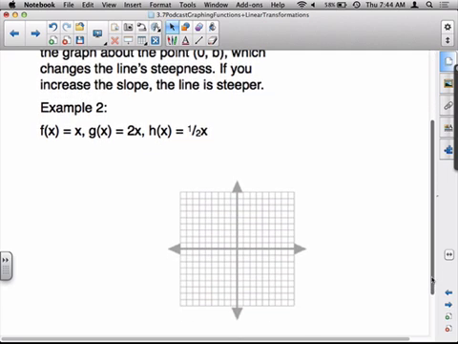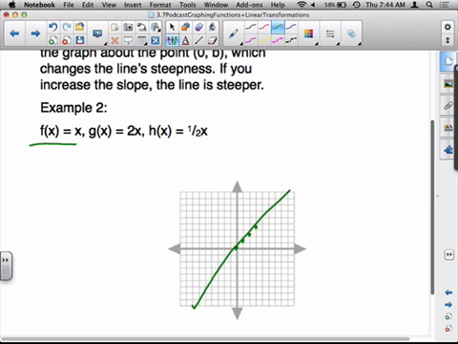I'm going to start off with my parent function again, because we always want to compare our graphs to our parent function. So 0, 0, 1, 1, 2, 2, 3, 3. So a linear parent function is f of x equals x. All right, now I'm going to g of x. G of x equals 2x. Okay, now I'm going to rewrite it, 2x plus 0.